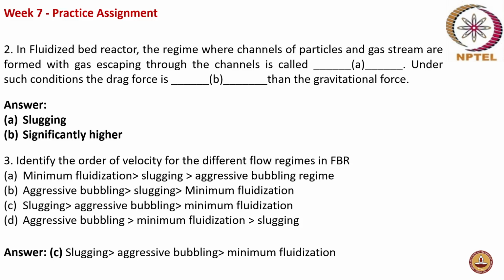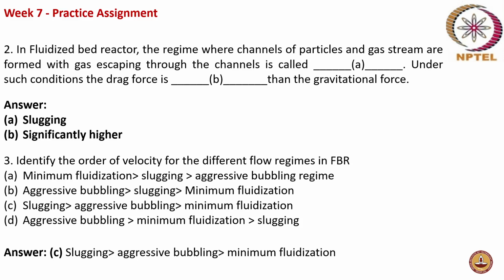The minimum fluidization velocity is just the least velocity that makes the packed particles start getting fluidized, to start getting suspended in the gas. Whereas in order to form aggressive bubbles, the velocity should be higher than this minimum fluidization velocity.